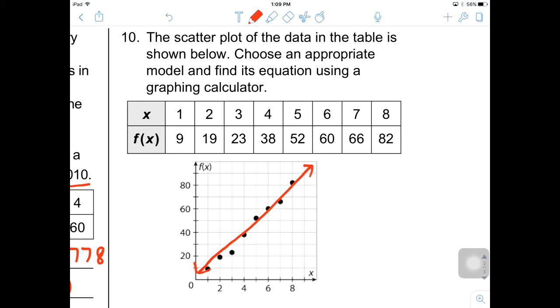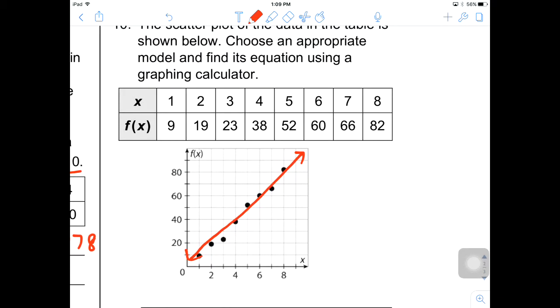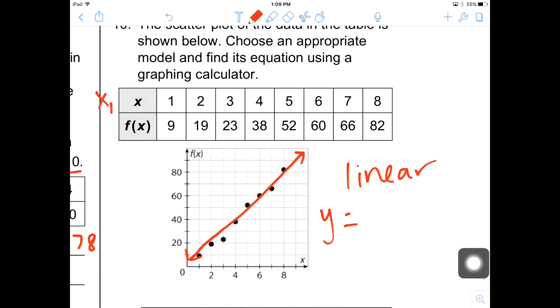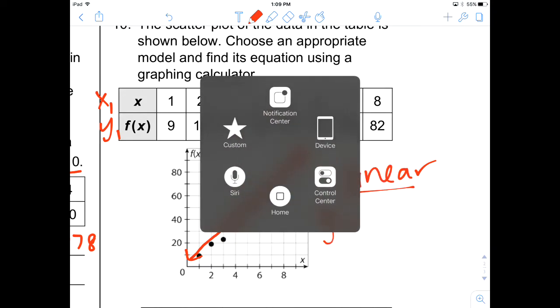So linear is the best model. And for the equation, make sure you pause it and enter x1 and y1 into your decimals and generate the linear line before you actually look at the answer.